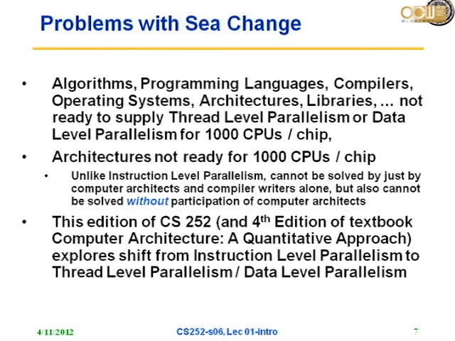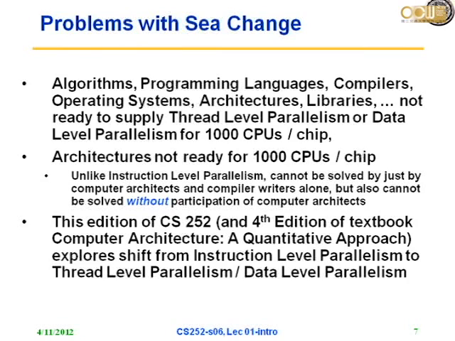This edition of this course uses this book, and notice that the 5th edition came out early this year. It explores the shift from instruction-level parallelism to thread-level parallelism and data-level parallelism, and we focus not only on general-purpose CPU design anymore, not only on one kind of conceptual computer anymore.